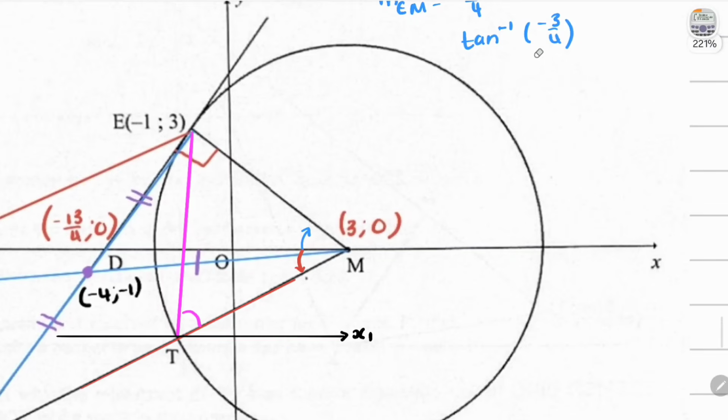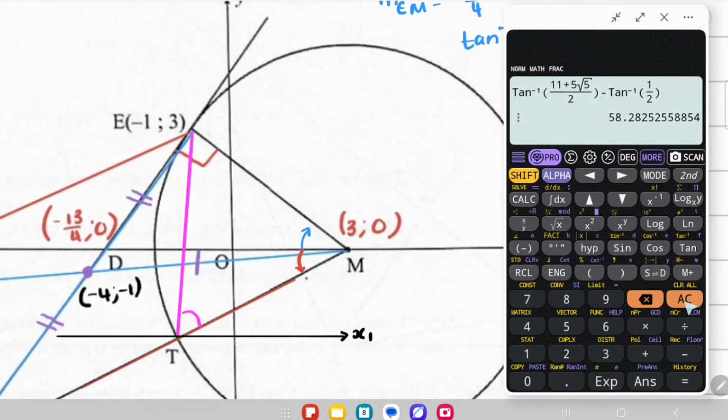You need to make sure to find that first, because do you see that this line EM is decreasing? When you read it from left moving to right, it's decreasing. This guy would walk down this line. It's decreasing. So the angle of inclination that we're trying to refer to here is this one that is going to show us a negative number over here. If you say shift tan of negative 3 over 4, do you see that you get a negative answer? Okay, which is what we're looking for.